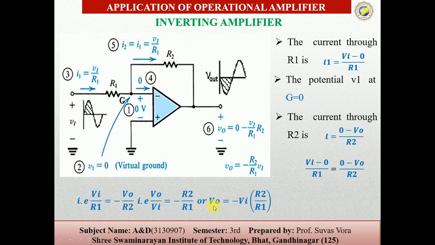So we can see that V0 equal to minus input voltage into R2 by R1. So these are the equations of the inverting amplifier. Now the gain equation is V0 upon Vi equal to minus R2 by R1. So this is the inverting amplifier.